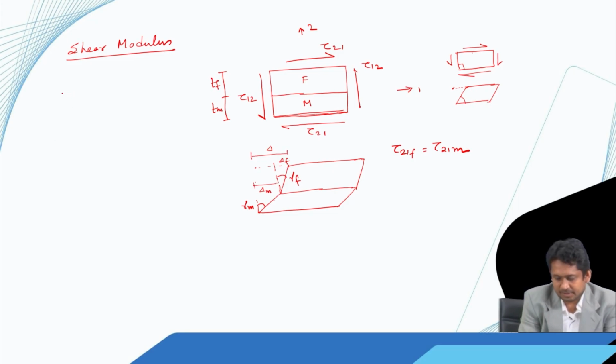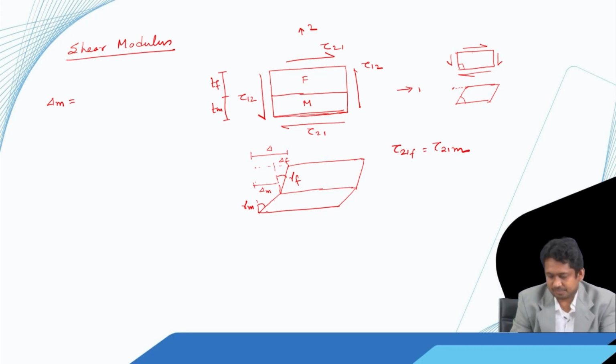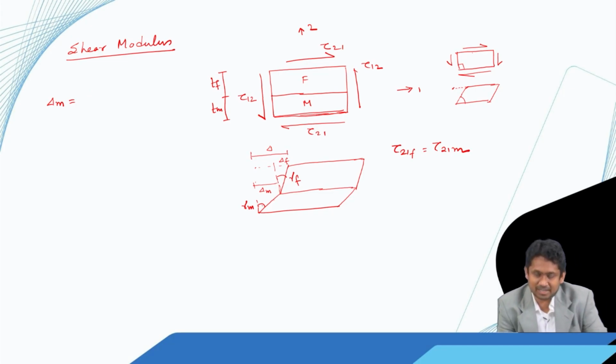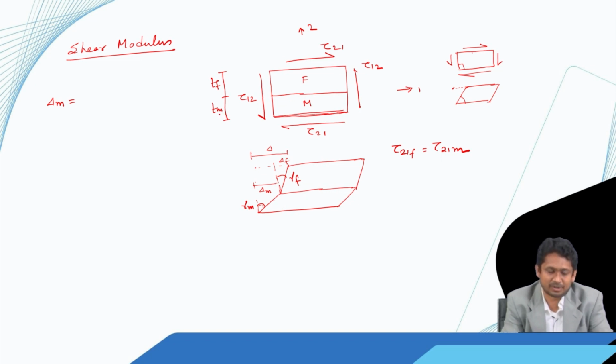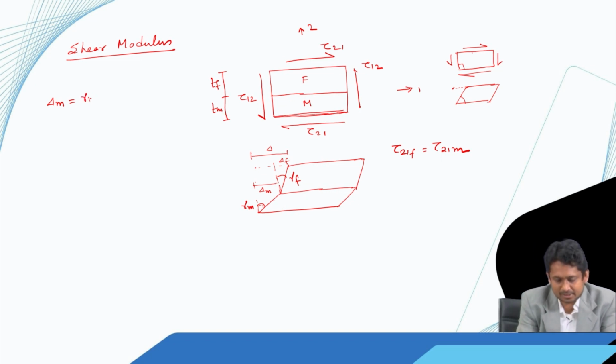Now, let us write delta m. If gamma m, the shear angle, is small, then delta m is this gamma multiplied by this vertical dimension, and that vertical dimension is nothing but T m. So, delta m is gamma m multiplied by T m. Similarly, delta f is gamma f multiplied by T f.